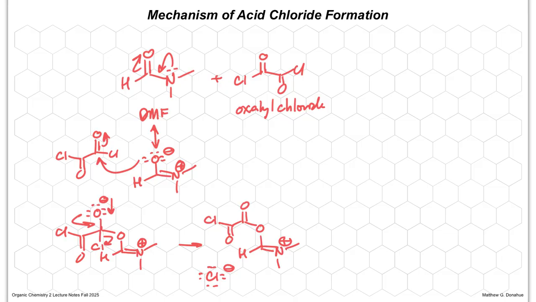What happens next is that now we have a CN double bond. Remember I said iminium ion? So this is an iminium ion. That chlorine will attack that carbon.